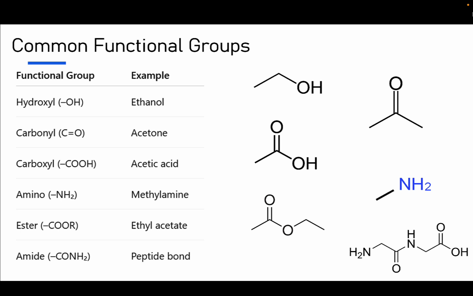Okay, some common functional groups are as follows. Going from the top to bottom, we start with a hydroxyl group, OH, or an alcohol group. If we just have an OH that's got carbon stuff on the other side, we call this an alcohol, and an example here is ethanol, which is shown at the top, right?